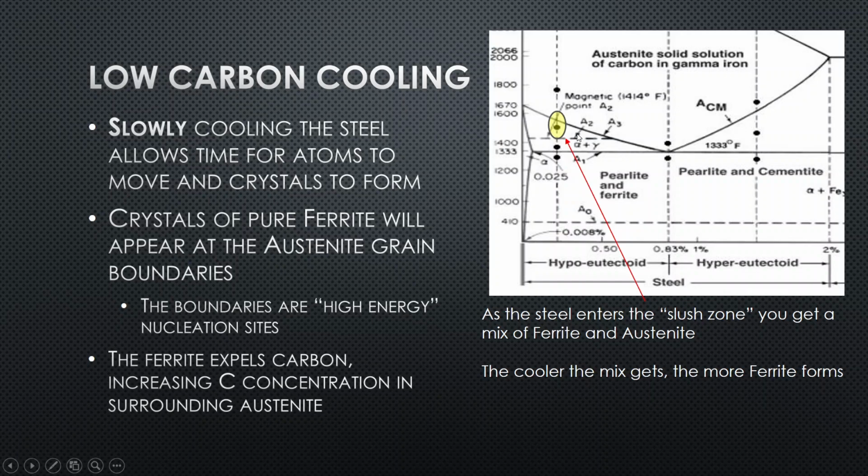Eventually, the concentration of carbon in the surrounding environment gets as high as it can reach when you're right down here, and you've cooled down to this point, and you get a mix of the ferrite locking in with the pearlite surrounding it. It's a horrible analogy. I'm feeling guilty that I even mentioned it now, but it gets the idea across that the carbon is getting squeezed out by the ferrite.